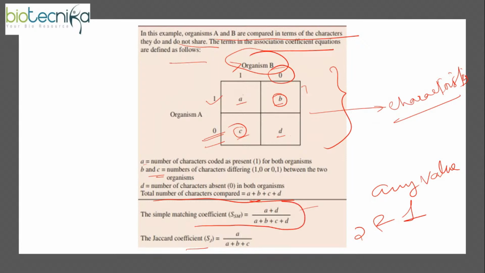Please note down this formula, both Jaccard coefficient and the simple matching coefficient. Then I'll explain the thing. Yes, I'll explain, Mukesh. Don't worry.